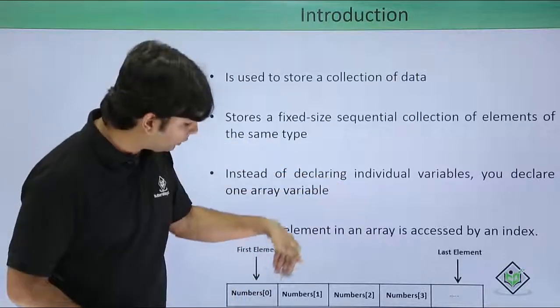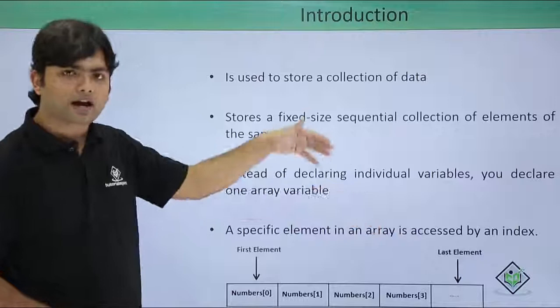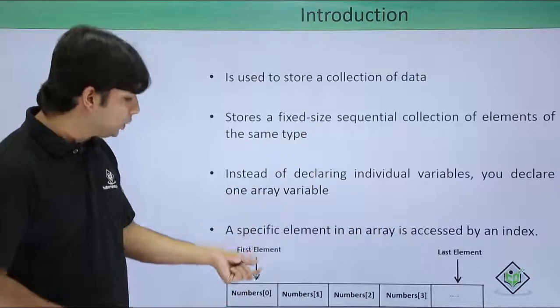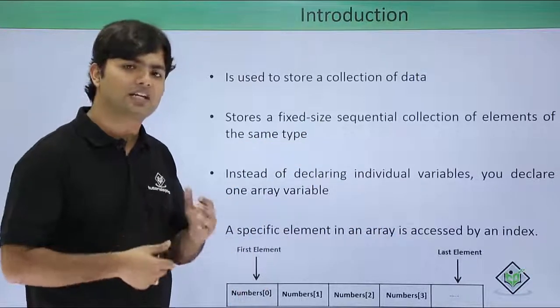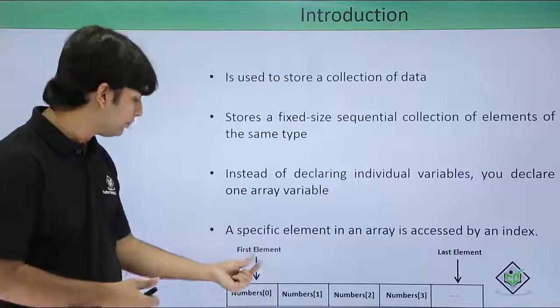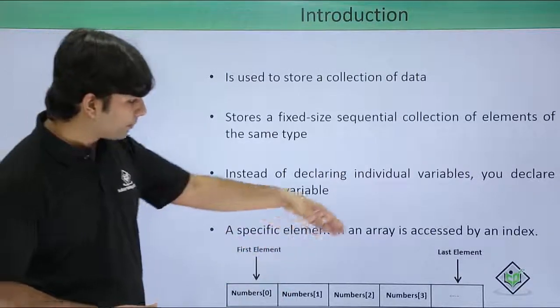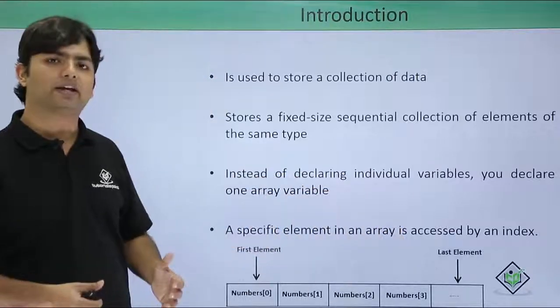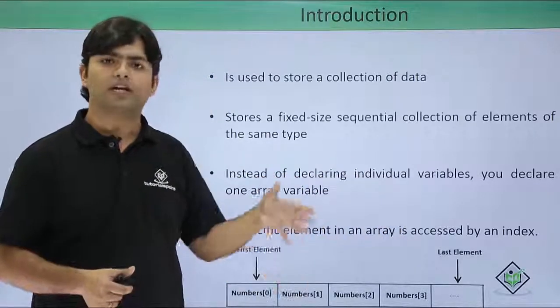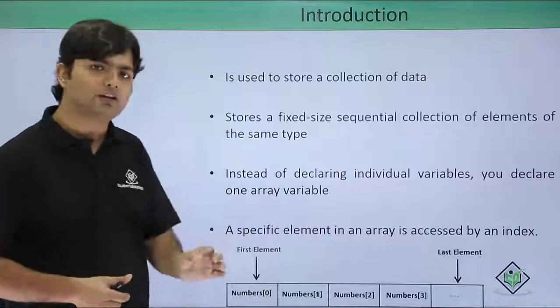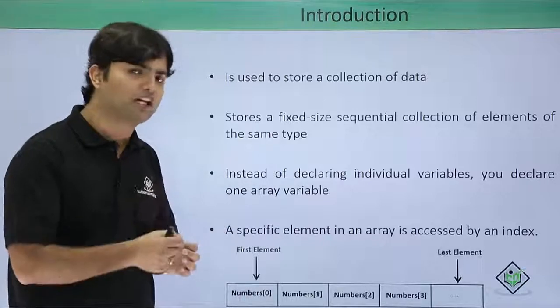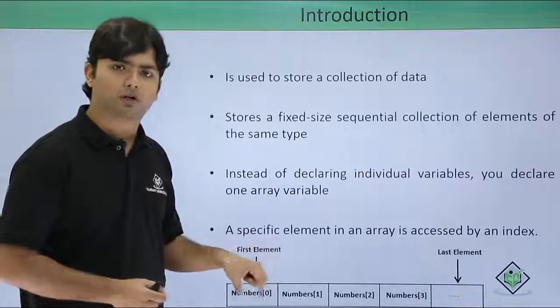So it will be a sequential memory allocation like that, and now you can access each individual item in the collection by passing an index. For example, numbers is the name of my array, so this complete array has a common name, but to identify or retrieve a specific element, the index will work.